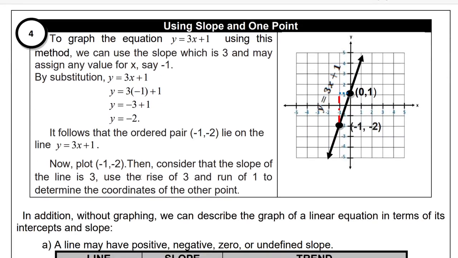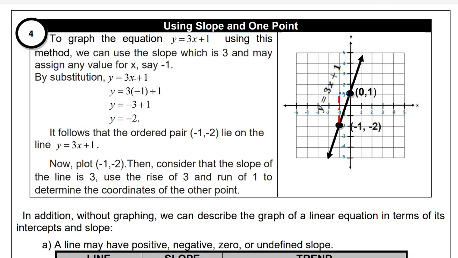Okay, next one. To graph the equation y equals 3x plus 1 using slope and one point, using this method, we can use the slope, which is 3, and assign any value for x, say negative 1. Since we're going to use slope, meron naman kayong slope which is positive 3, so you don't need to find the slope, but you have to find one point.